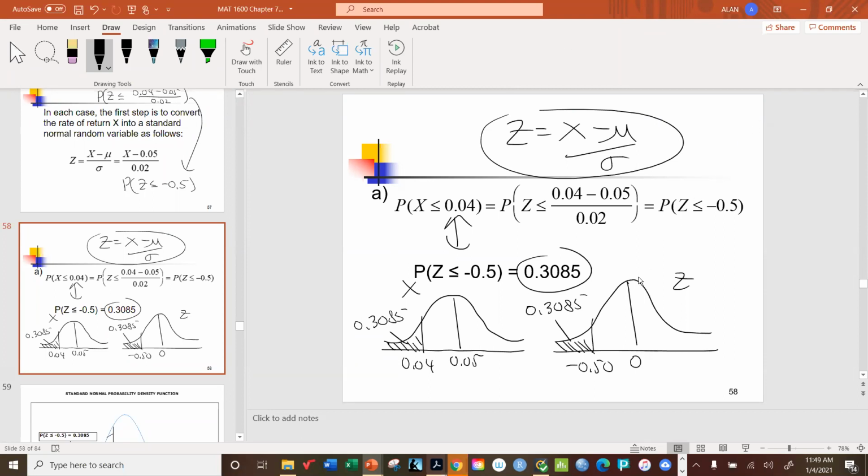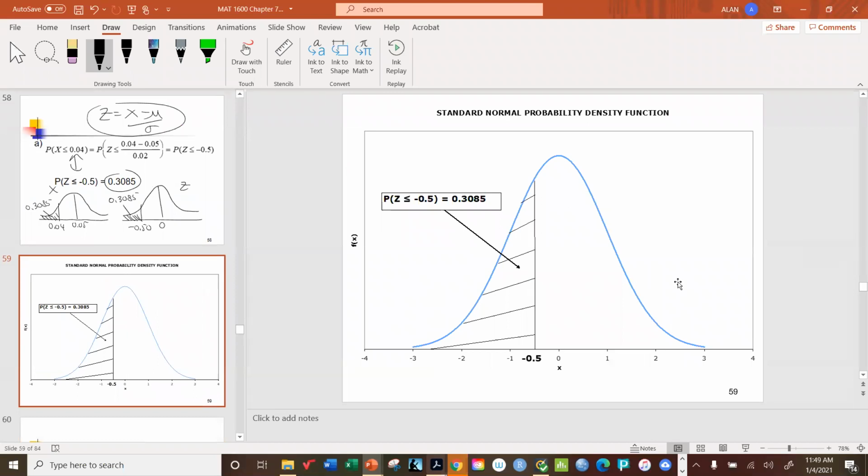All right, and of course the graph is right here, and that of course means the same thing as being below negative 0.5 on the standard normal scale, or that probability is 30.85%.